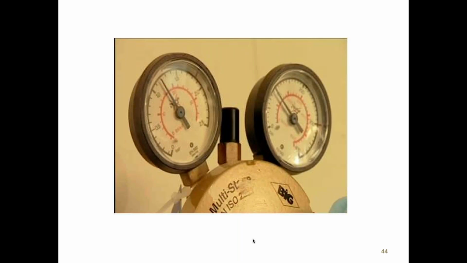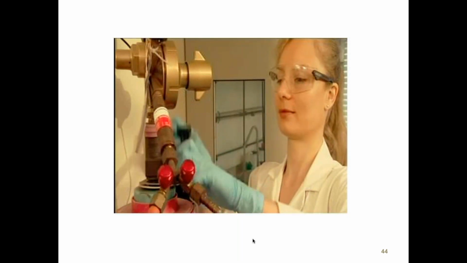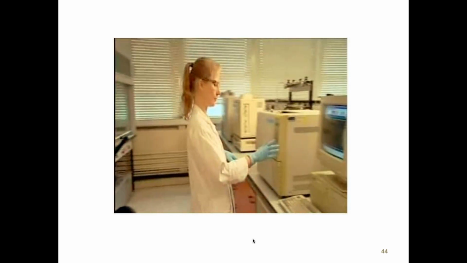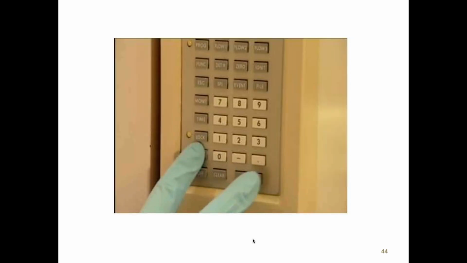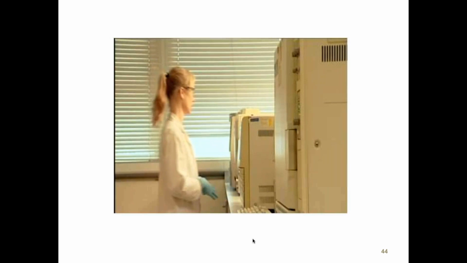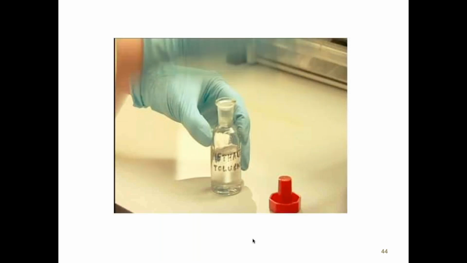Before beginning the separation, the operator must set the flow rate of the gases and the temperature of the oven. The temperature of the inlet port is also set at a level that ensures that the sample is fully vaporized, and the flame ionization detector must be lit. Here, we will separate a mixture of methanol and methyl benzene.